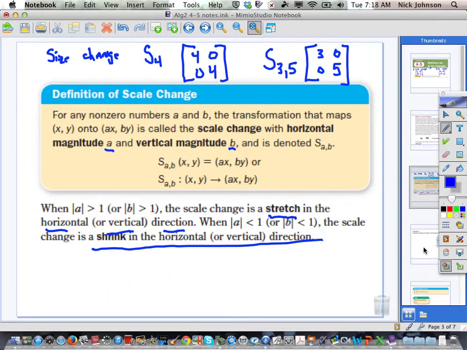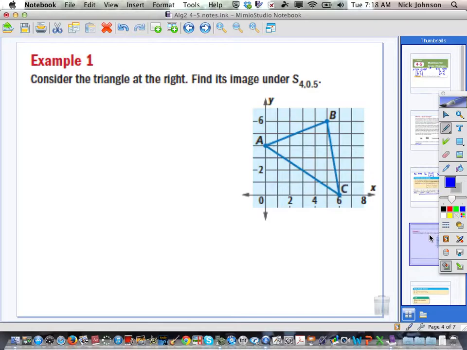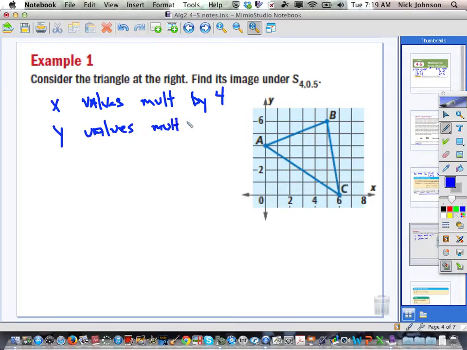Example 1 says, consider the triangle at the right. Find its image under S of 4, comma 0.5. So what this means is we're going to take all our x values and multiply them by 4, and take our y values and multiply them by 0.5.